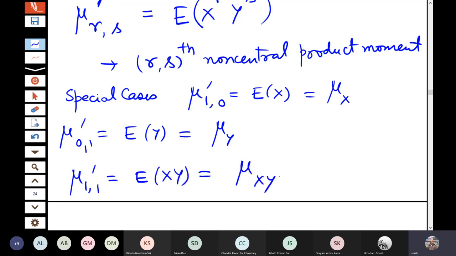We sometimes write it as mu xy. Like in the case of one variable, we can also define central product moments. So are these definitions clear?